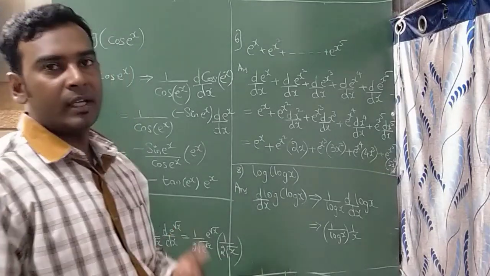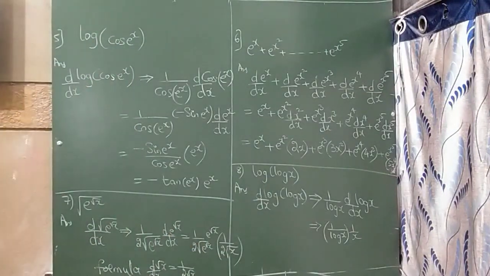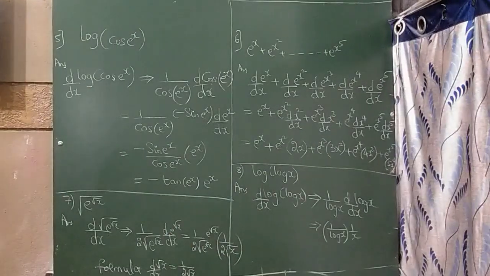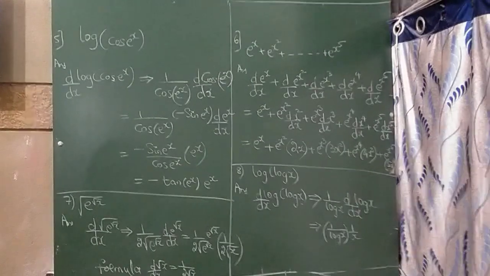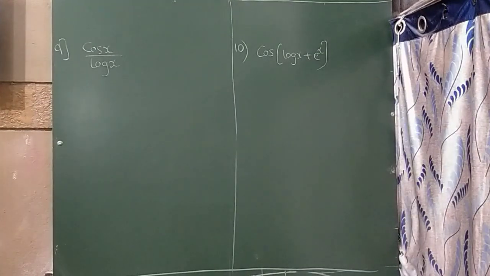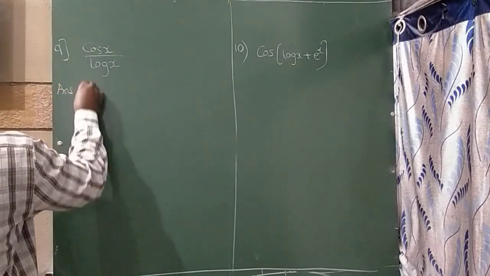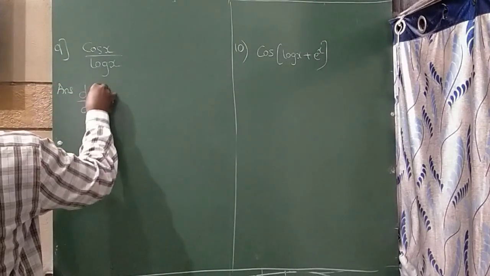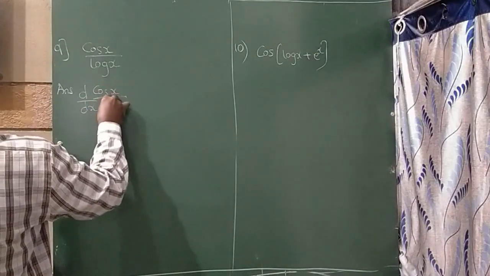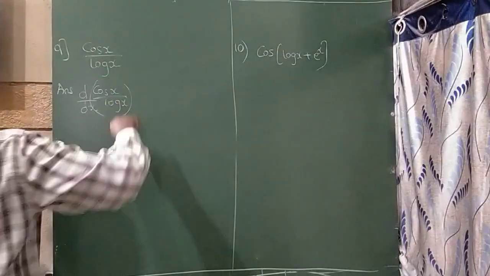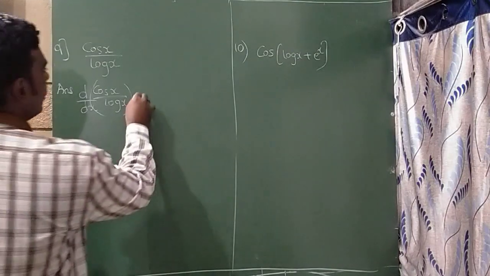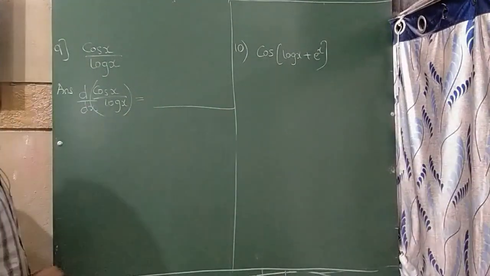So let us move on to the ninth question. The ninth question is d by dx of cos x by log x. This is the quotient rule. So I have already solved this in the first question.